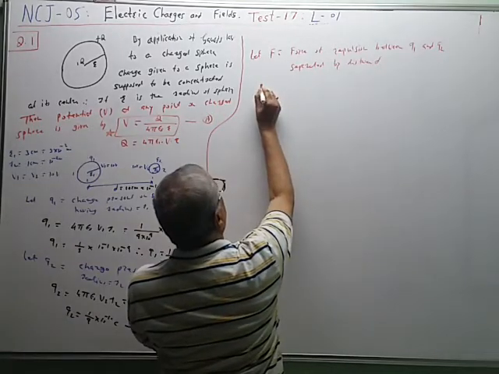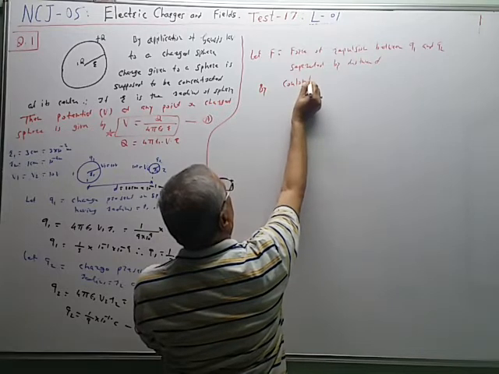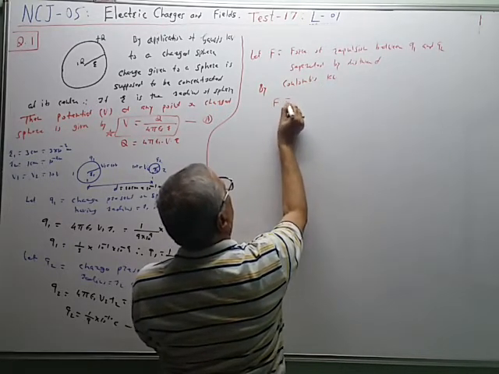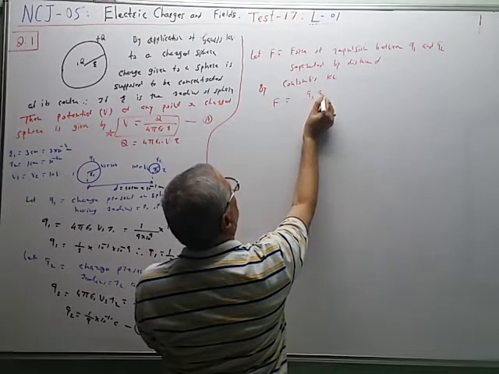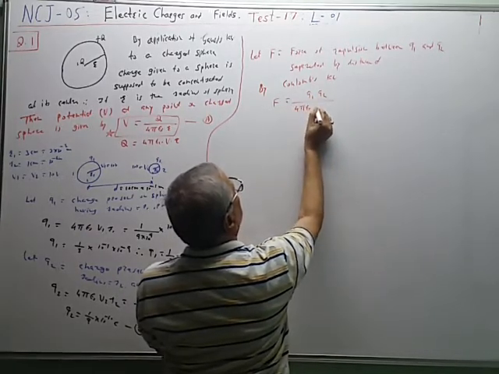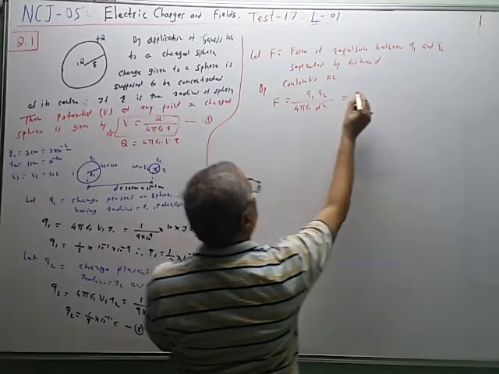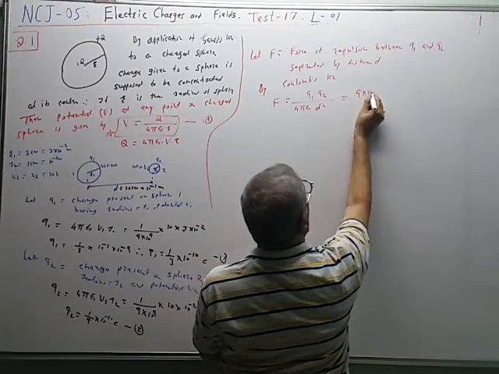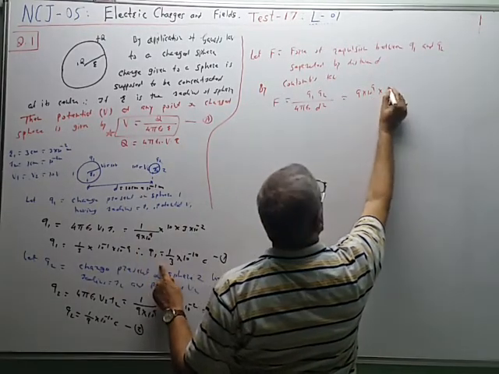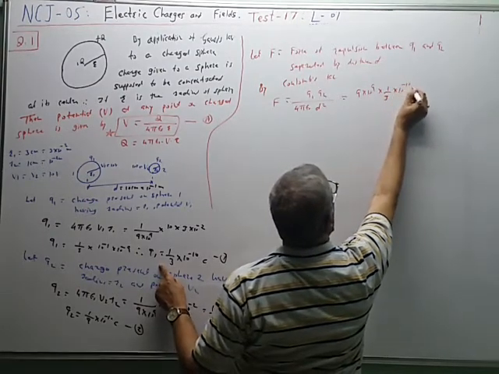Therefore, by Coulomb's law, F is equal to Q1 Q2 upon 4 pi epsilon naught D square. So 1 upon 4 pi epsilon naught is equal to 9 into 10 raised to 9. Q1 is equal to, by equation 1, 1 by 3 into 10 raised to minus 10.